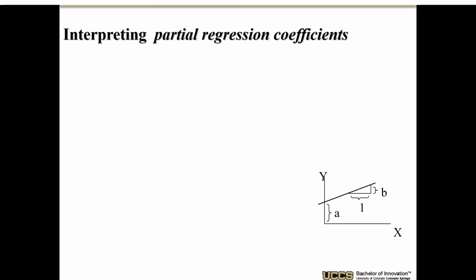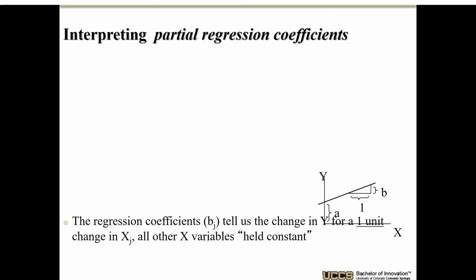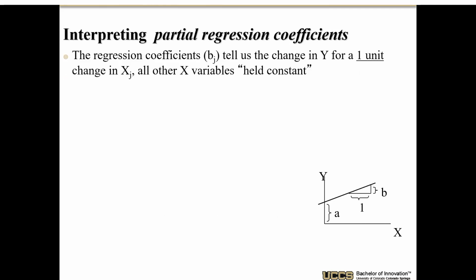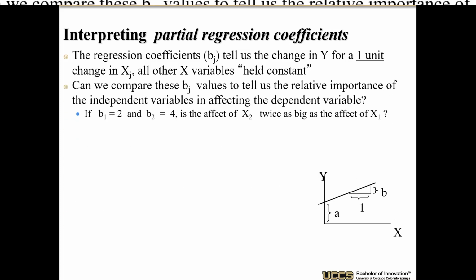Again, that's a level of detail we probably don't need to go into, but you need to understand that we do want to interpret them with a correction in high dimensions. So as we go into the interpretation, we're really saying if I hold one variable, this is what's going to happen. So if we compare these values and talk about the relative importance, I already answered the question.